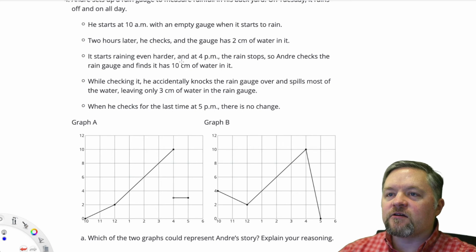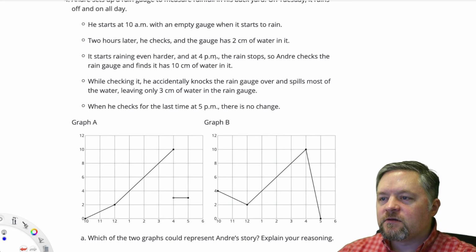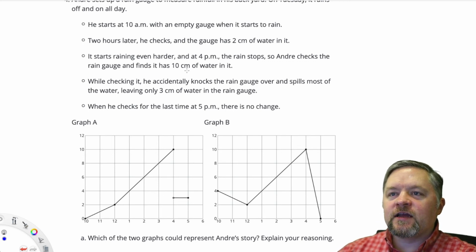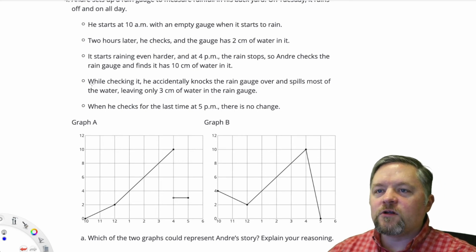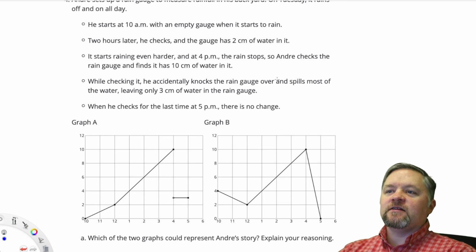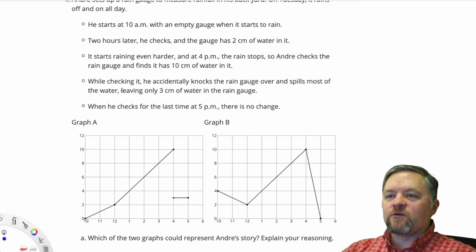It starts raining even harder, and at 4 p.m. the rain stops. So raining harder, this got steeper, and at 4 p.m. the rain stops. Andre checks the rain gauge to find it has 10 centimeters of water. While checking it, he accidentally knocks the rain gauge over and spills most of the water, leaving 3 centimeters of water in it.